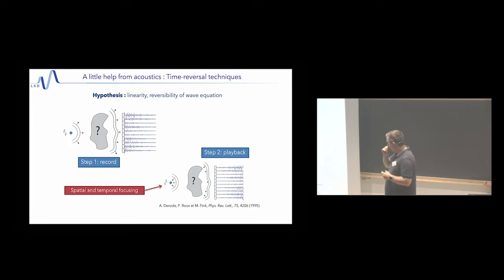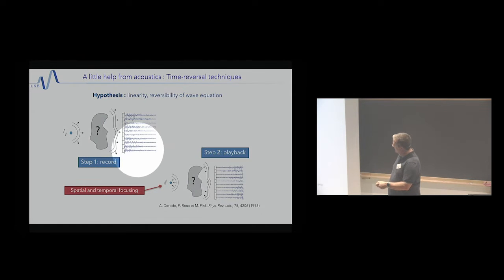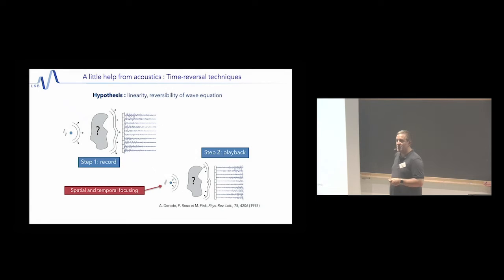Okay, so this is beautiful. But of course, in optics, we don't have this possibility. We don't have this point source, and these detectors are also not easy to come by. So we need to play different tricks in order to play with the same physics in the wave domain.